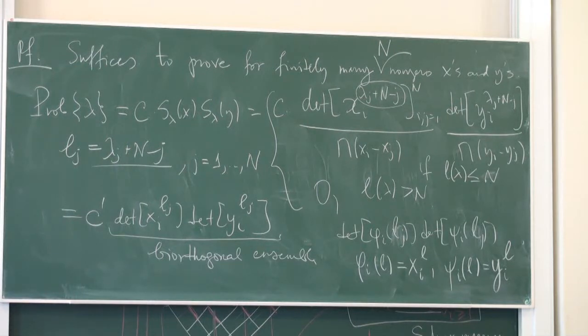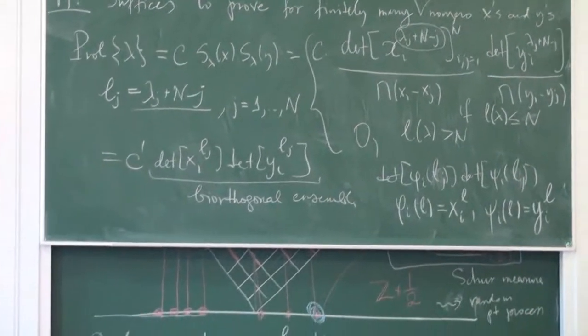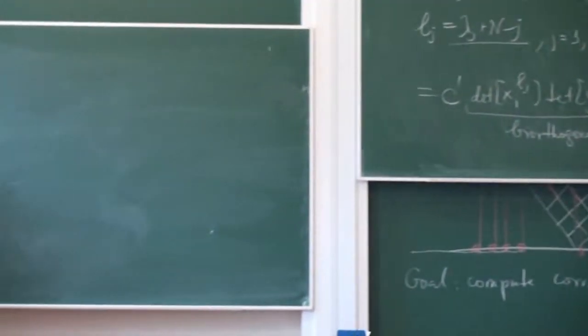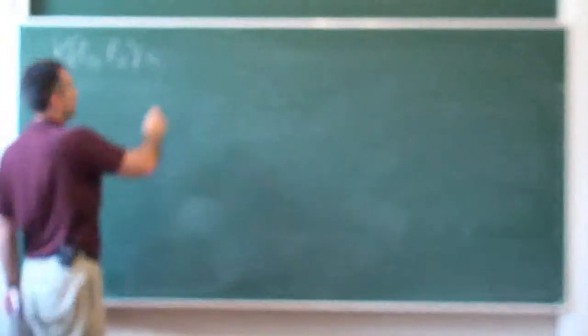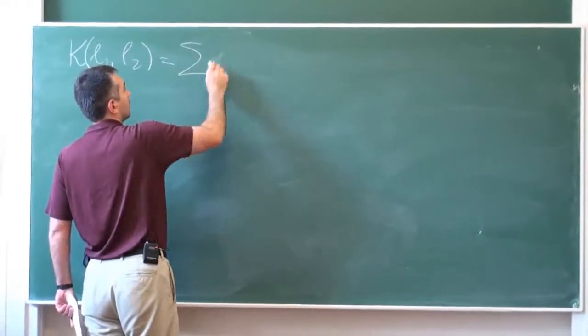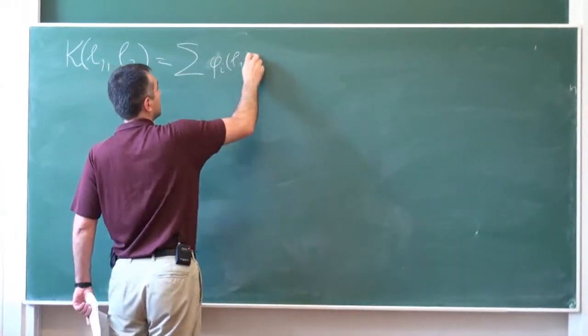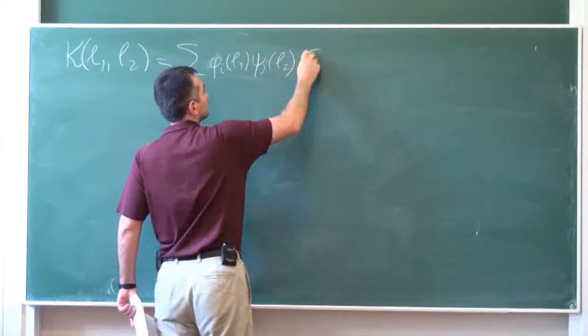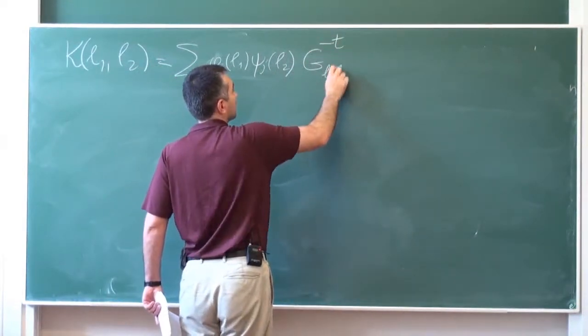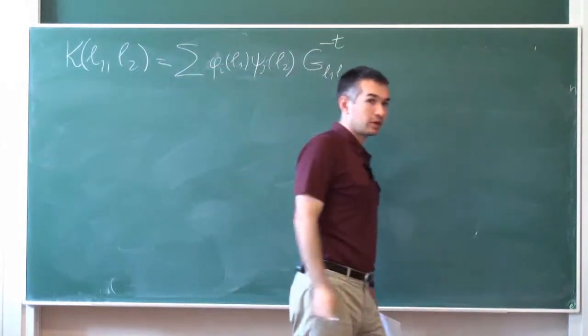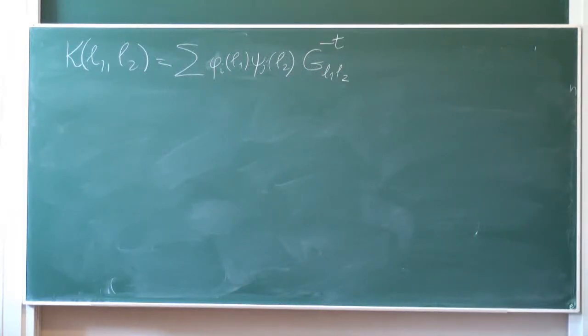Now the biorthogonal ensembles, we already know they are determinantal point processes, and we have the kernel formula for them. Let me rewrite it in the L coordinates that we had. It was the sum of phi_i of L1, psi_j of L2, times G to the minus transpose, where this is the inverse transpose of the Gram matrix.